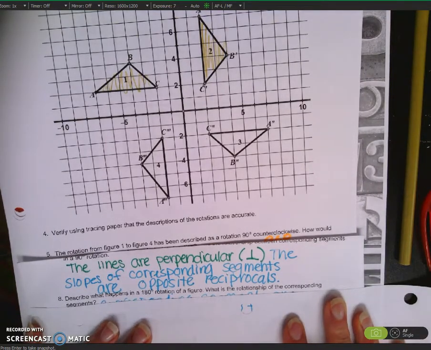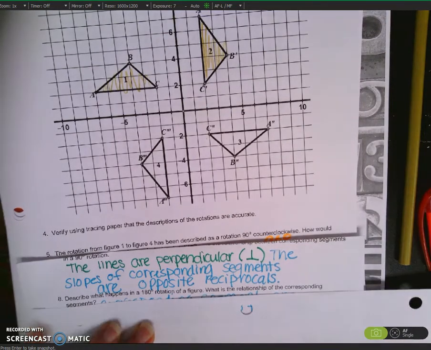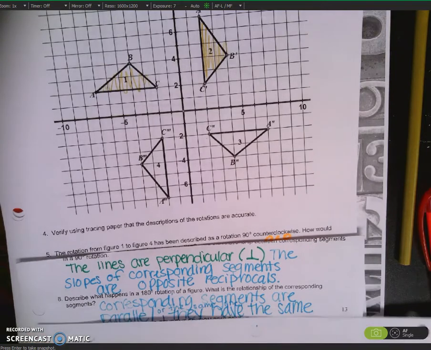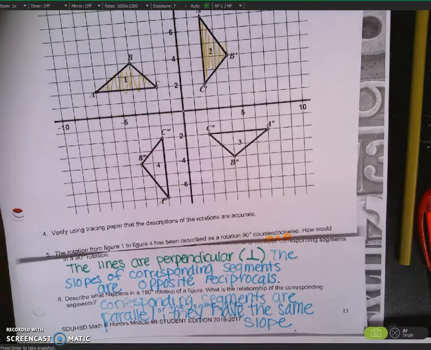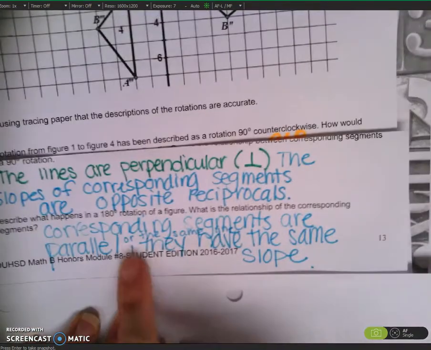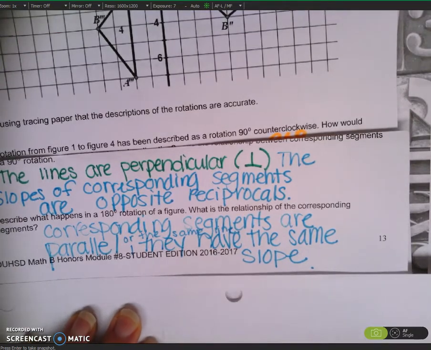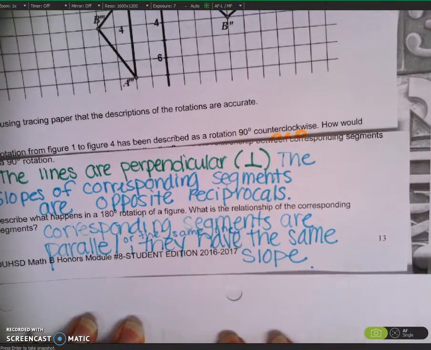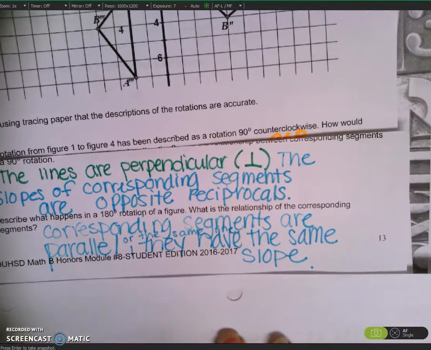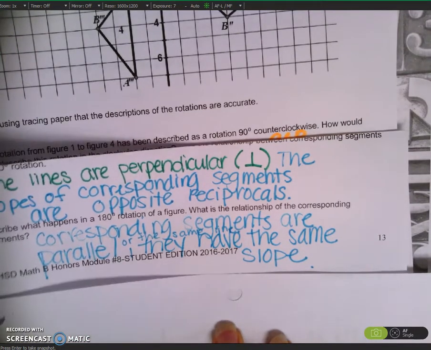They're either going to be the same line, if they also have the same y-intercept, or they are just parallel. So corresponding segments of a 180-degree rotation are parallel or the same line because they have the same slope. Wonderful. Let's continue.